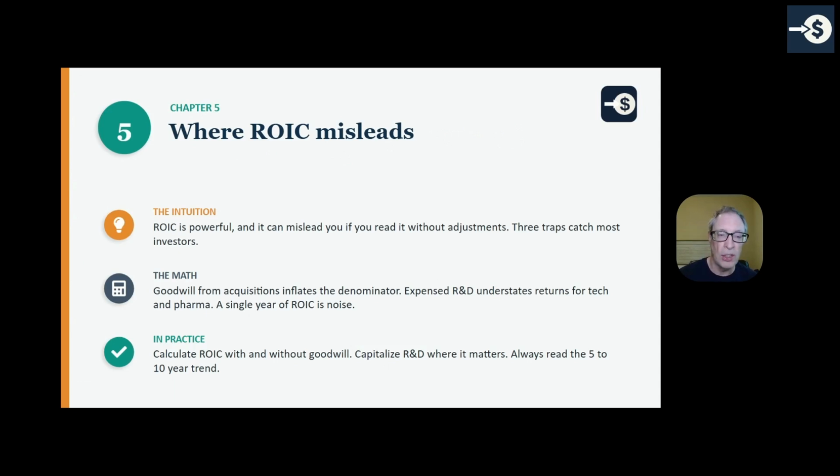That's why, when you're looking at companies like this, going back to Michael Mauboussin, he has a method of capitalizing R&D. Again, this is very much inside baseball. So if this is all new to you, just skip over this part because it can be a little confusing, but these are things you need to think about when looking at ROIC.